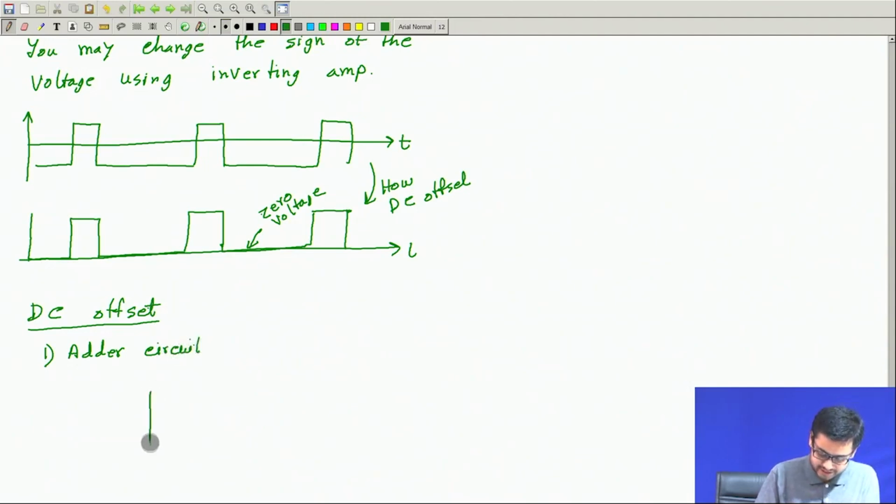What is an adder circuit? It is just like this. Basically, an inverting amplifier which has multiple inputs, R1, R1, R2.